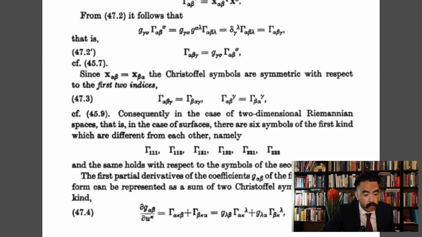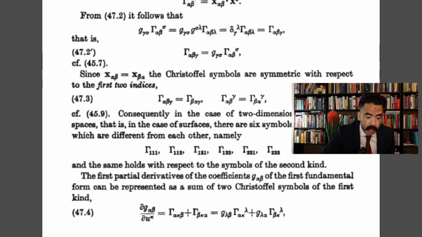Consequently, in the case of two-dimensional Riemannian spaces, that is, in the case of surfaces, there are 6 symbols of the first kind which are different from each other, namely Γ_111, Γ_112, Γ_121, Γ_122, Γ_221, and Γ_222. And the same holds with respect to the symbols of the second kind.